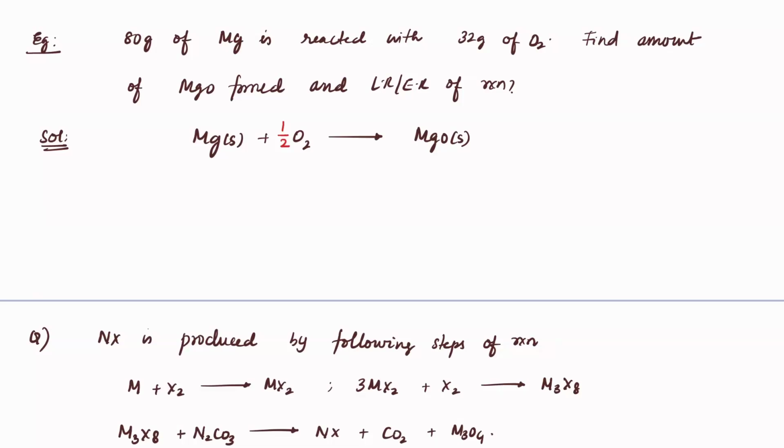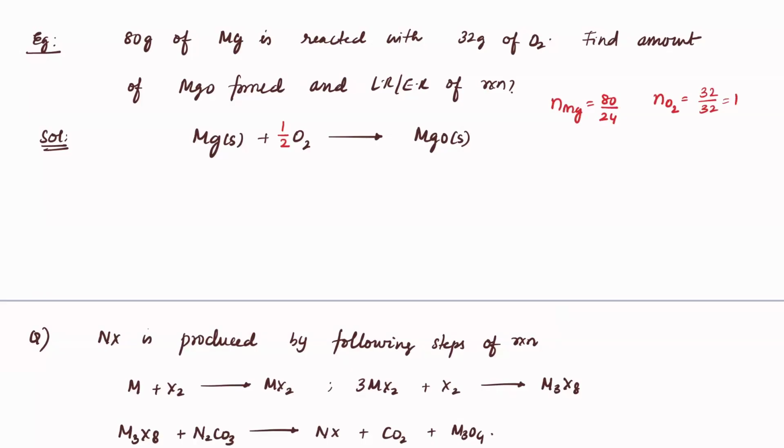Then what I'll do is take the given mass and convert it into number of moles. So the number of moles of magnesium would be 80 by 24. 24 is the atomic mass of magnesium. And the number of moles of O2 will be 32 by 32, which is 1 mole. Got it? Clear?